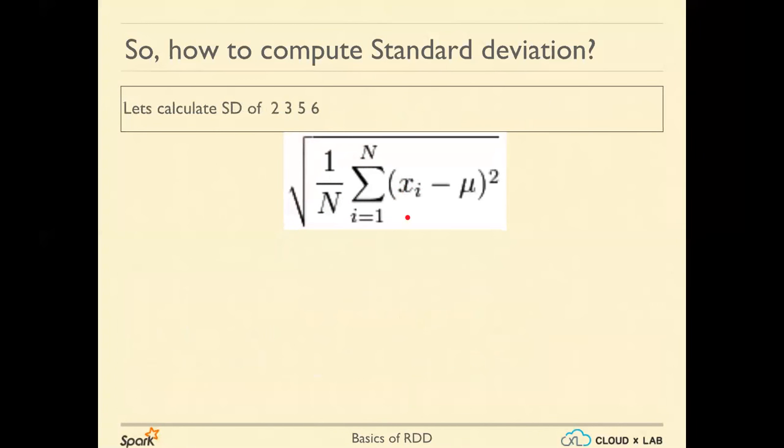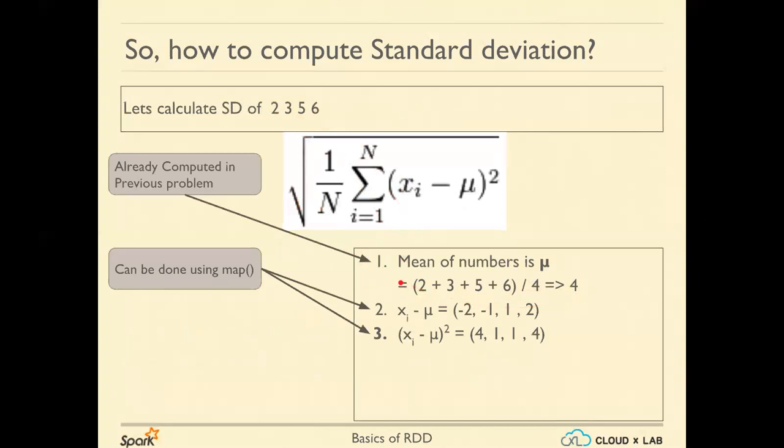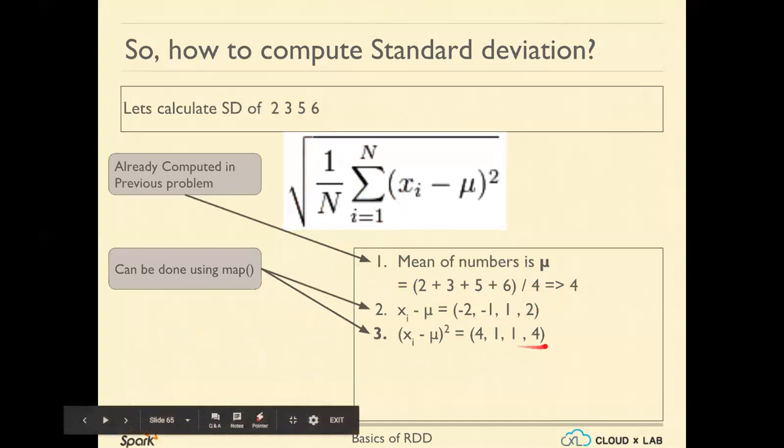Okay, so let us calculate the standard deviation of 2, 3, 5, 6. First of all, we'll compute the mean. So we sum up and divide by 4. Then we subtract the mean from each number, so we get this, and then we square it, then we get this, and then we sum it up, and we get this value.